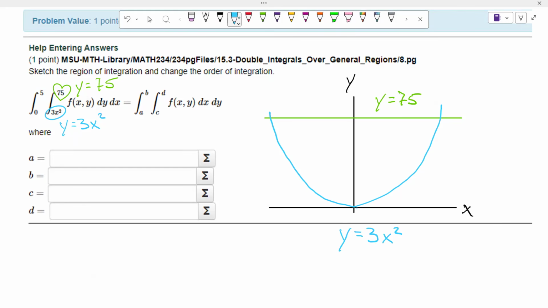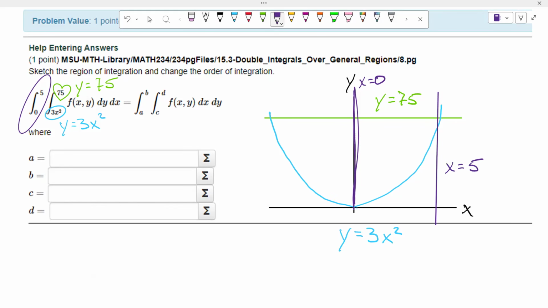Now we'll deal with the 0 to 5 for x. So if I look at those values, x equals 0 is the y-axis, and x equals 5, I'd be willing to bet it's where the parabola intersects that green line.